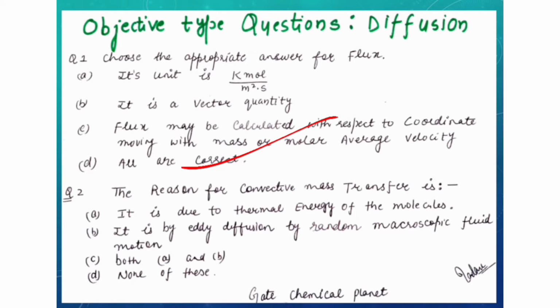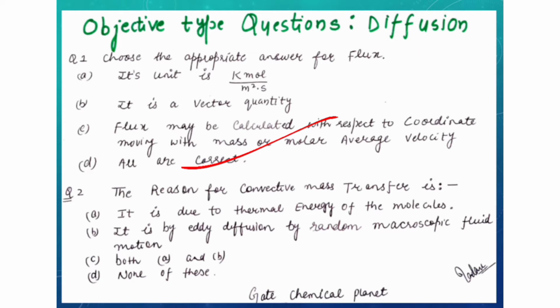The random and spontaneous microscopic movement of individual molecules in a gas, liquid or solid as a result of thermal motion is known as molecular diffusion. So in the case of molecular diffusion, the thermal energy is responsible and the motion is the microscopic movement of individual molecules in any phase, either gas phase, liquid phase or also solid phase.